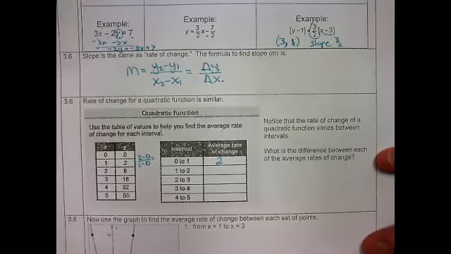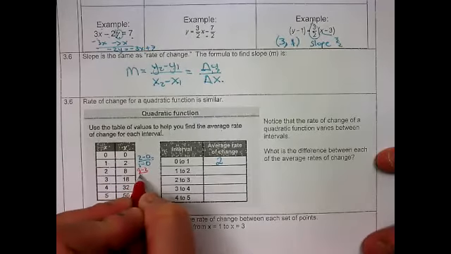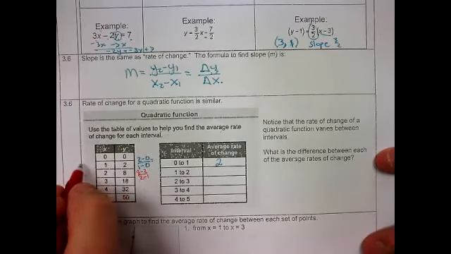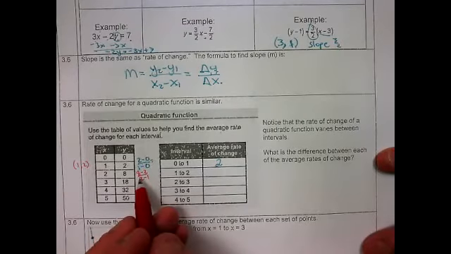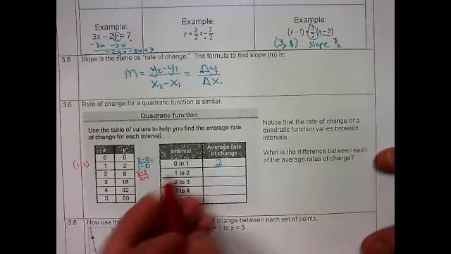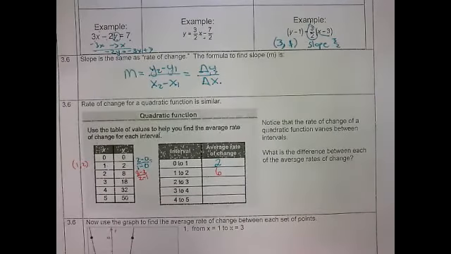We're going to do the same thing from 1 to 2. That's going to be 8 minus 2 over 2 minus 1, because remember, these are coordinates. So that's 6 over 1, which is 6.